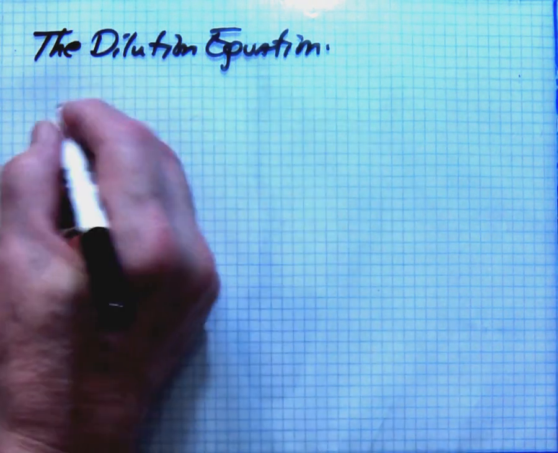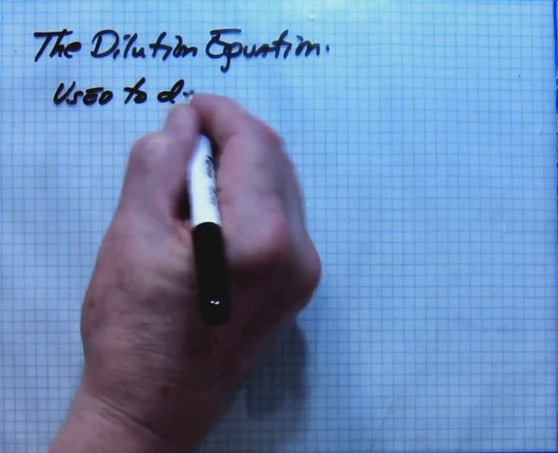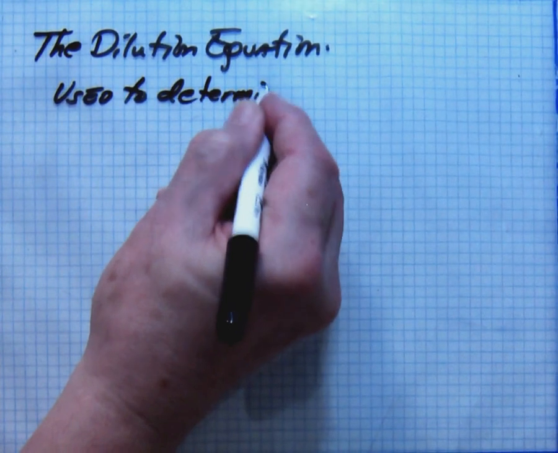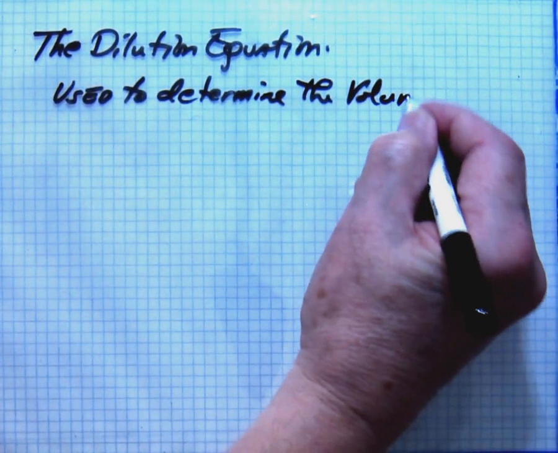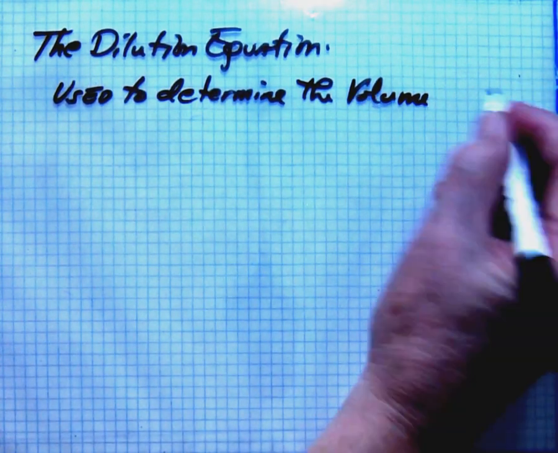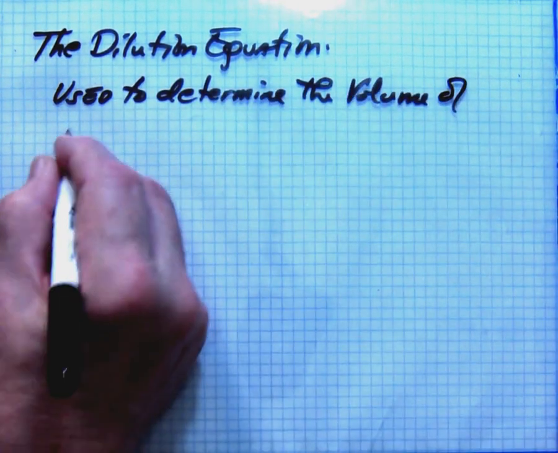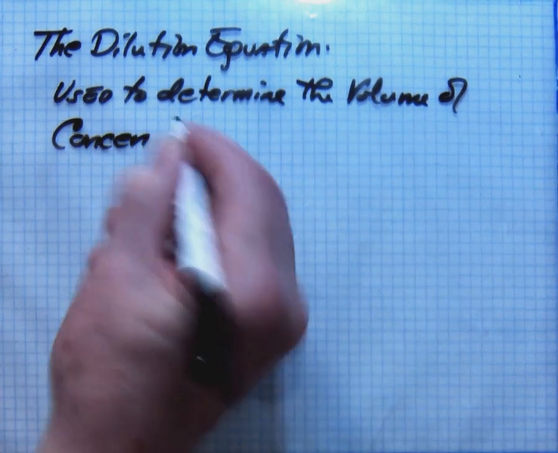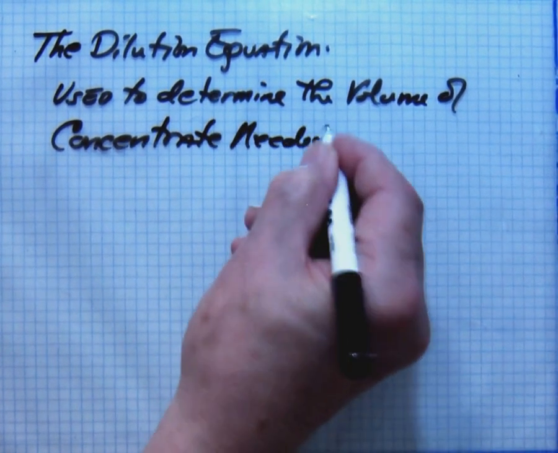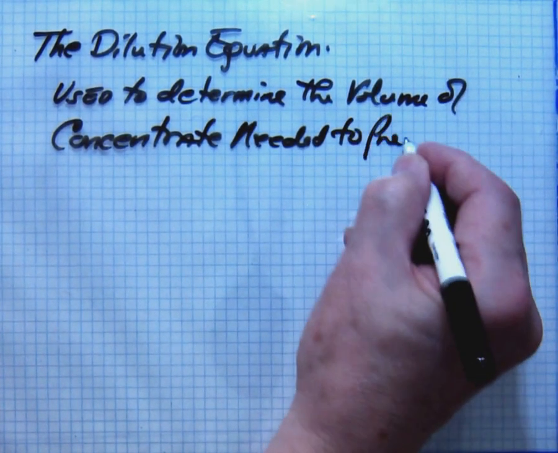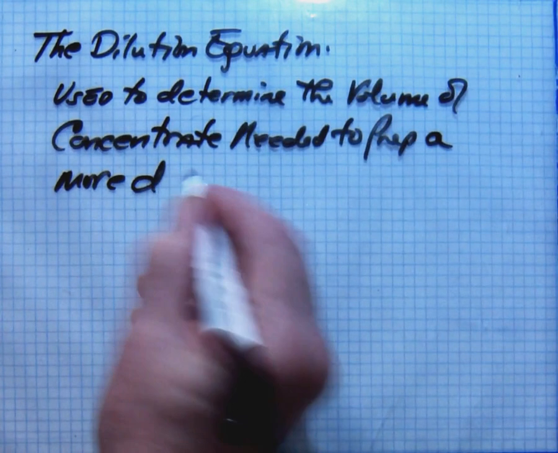The dilution equation is used to determine the volume, typically in milliliters or liters, of concentrate needed to prep a more dilute sample.